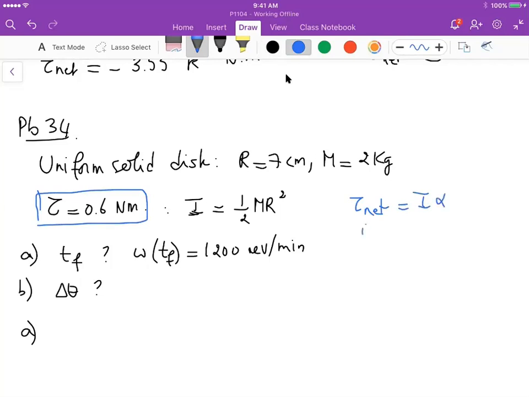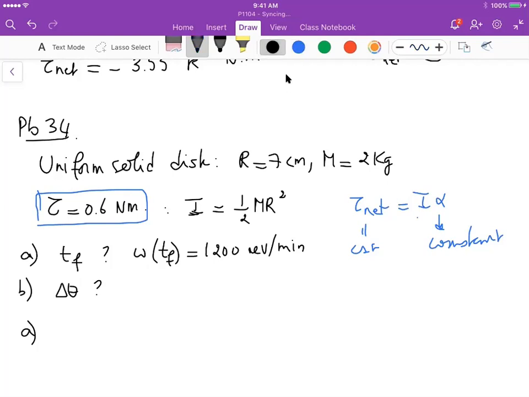So if tau net is constant, then alpha is also constant because I is just a number. It's the moment of inertia, which does not change as a function of time. So from here we have two things confirming in the given that it has a uniformly accelerated rotational motion.